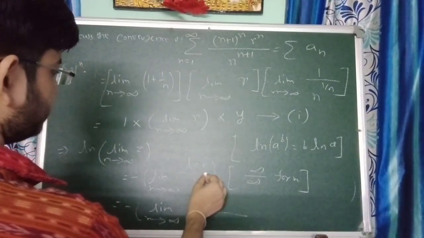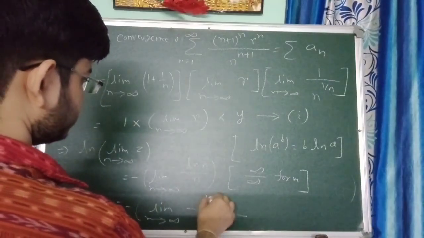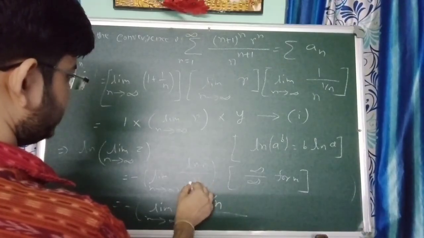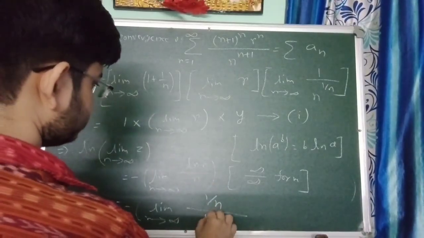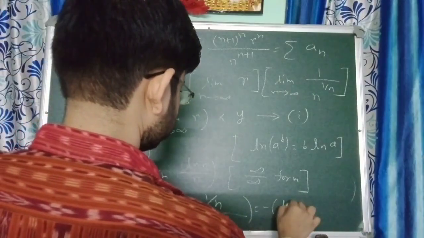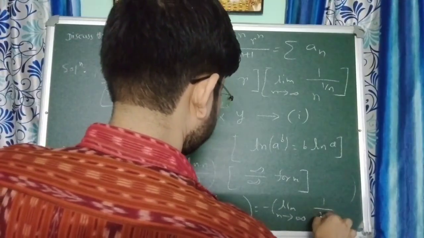So the derivative of log of n with respect to n gives 1 by n, and the derivative of n with respect to n gives 1. So this part becomes limit n tending to infinity of 1 by n.